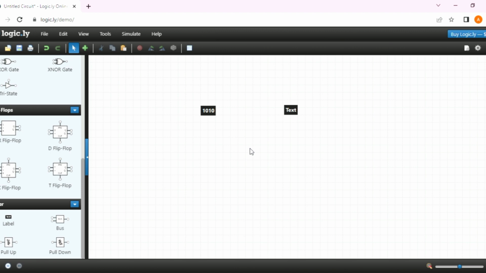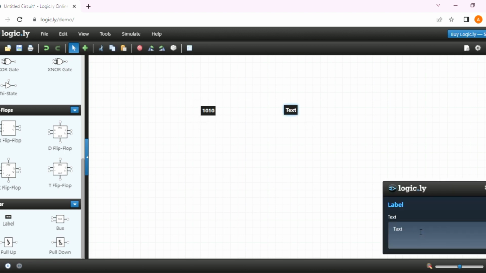So, first, let's learn about the conversion of binary to gray. 1010 is the binary representation of the decimal value 10. How do we convert this binary value to a gray code? Here we apply the XOR conversion. The first bit 1 is written directly as 1.